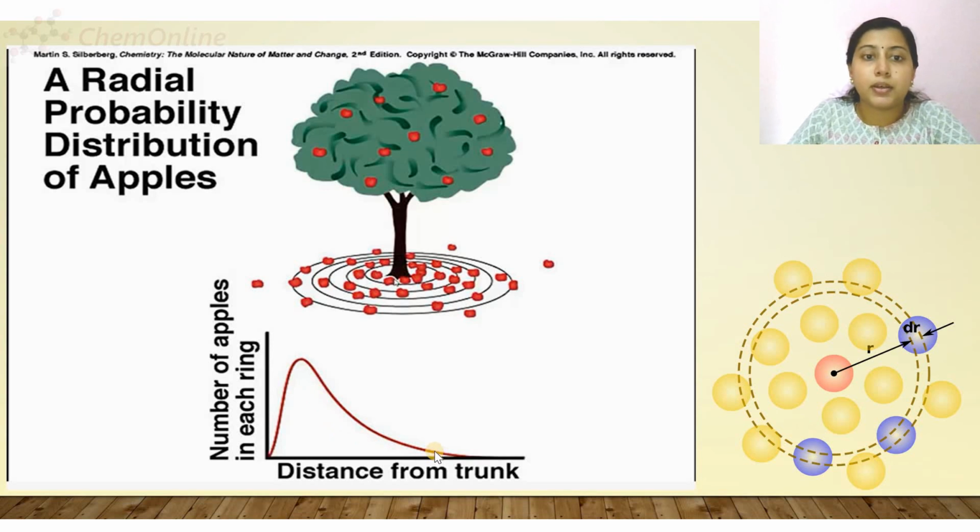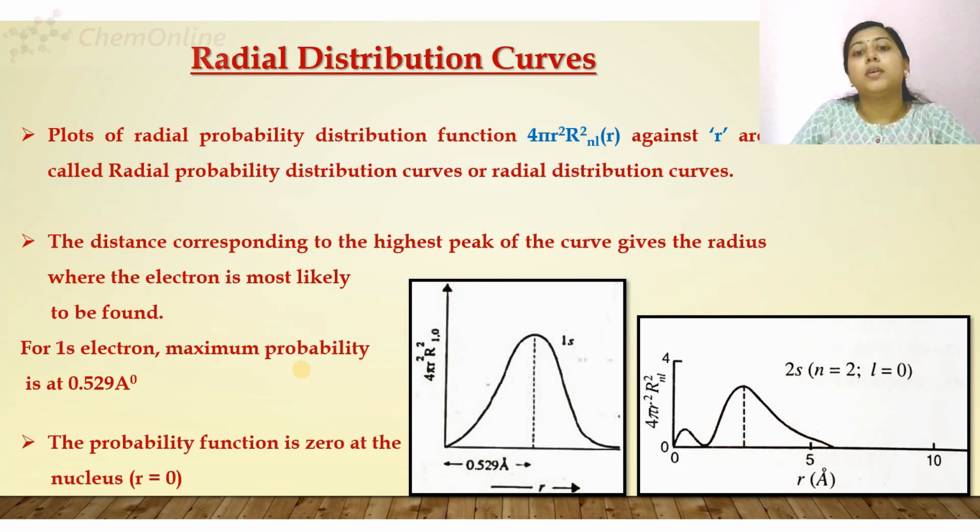So, in this graph, the peak position or the maximum will give you the ring where there is the maximum number of apples. Similarly, here also, if you thought of the atoms being broken up into different shells, the radial probability distribution curve will give the most probable shell or the most probable distance at which you can find an electron.